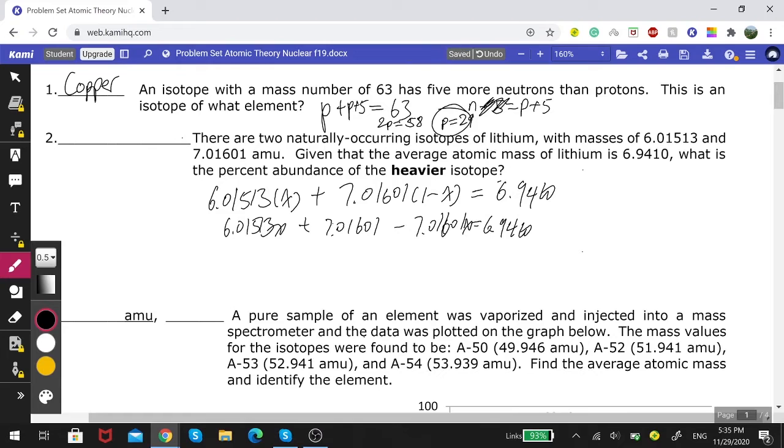Now subtract the x's. 6.01513x minus 7.01601x gives us negative 1.00088x, which is equal to 6.9410 minus 7.01601, which is negative 0.07501.